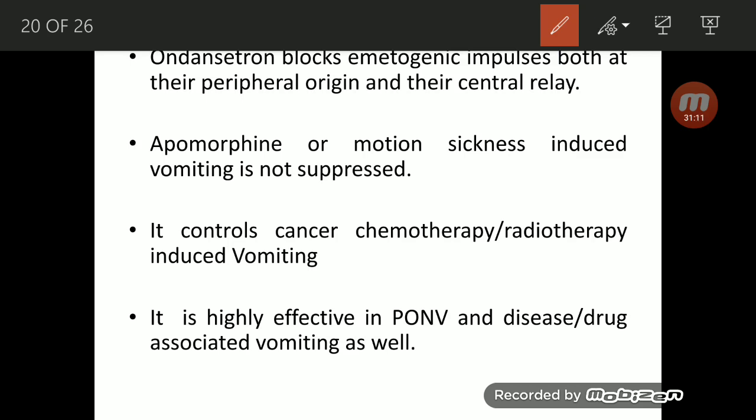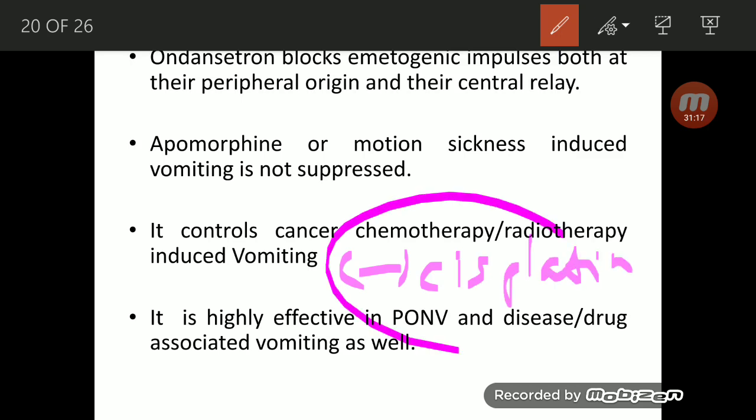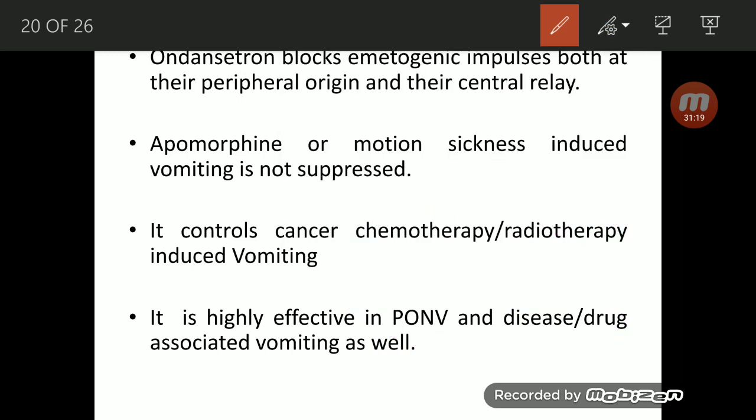Ondansetron also inhibits cisplatin-induced emesis. It is also highly effective in postoperative nausea and vomiting, and in disease or drug-associated vomiting as well. So these are the basic uses.